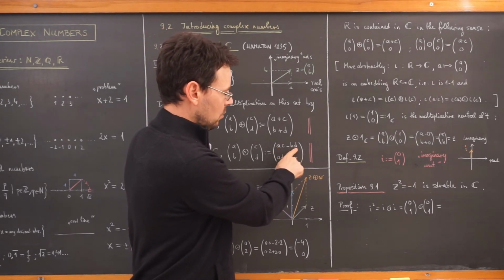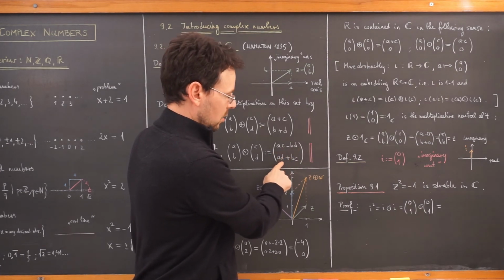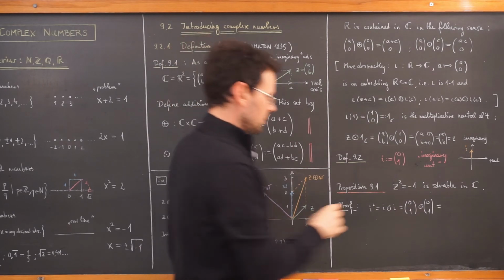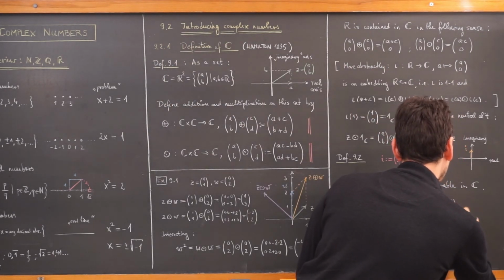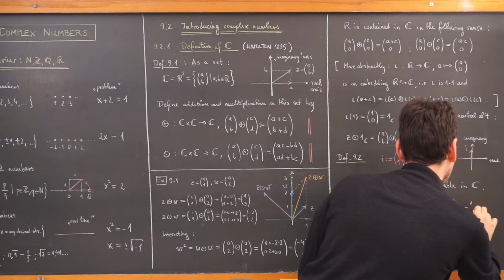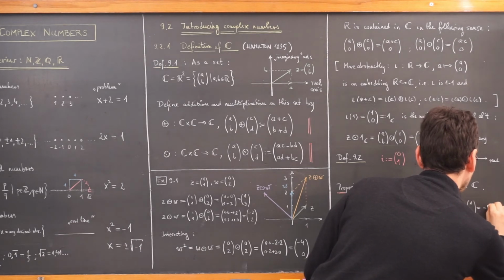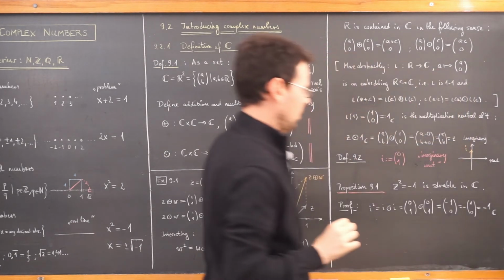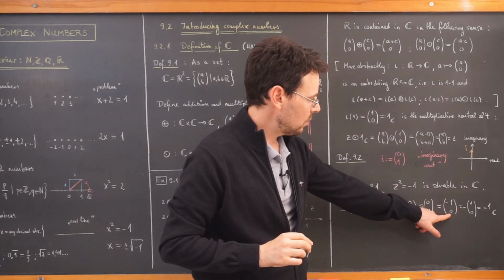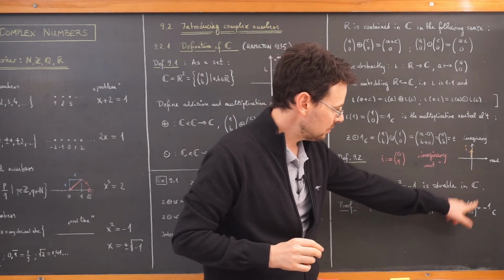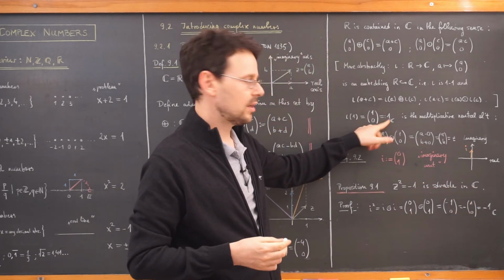0 minus 1 times 1 is minus 1, and here 0 plus 0. So this is (minus 1, 0), which is the same as the negative vector (1, 0), which is negative 1 in the complex numbers.